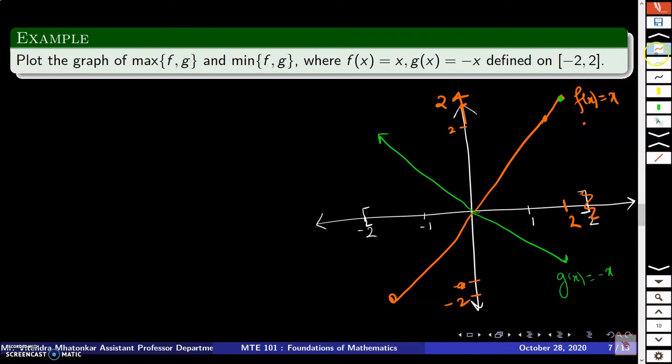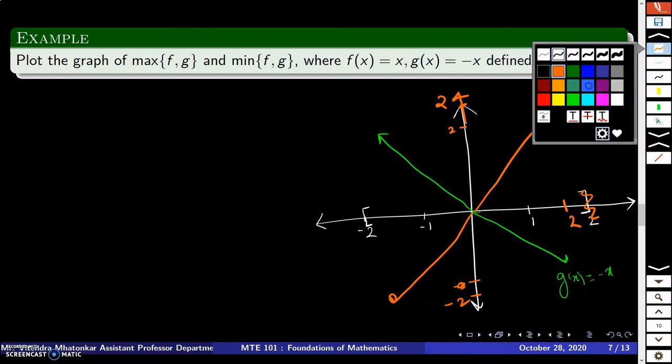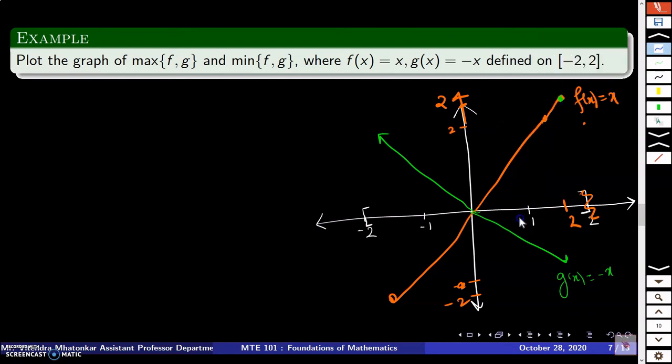So let me put that in blue. So the maximum of all these points here is this blue line, which I'm marking, right? The diagram has become very bad. Let me draw that again.